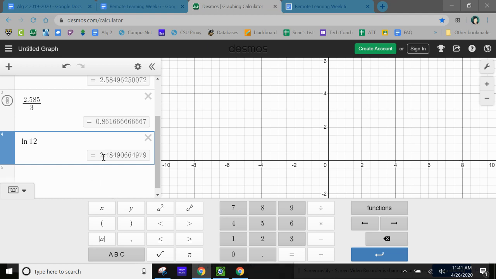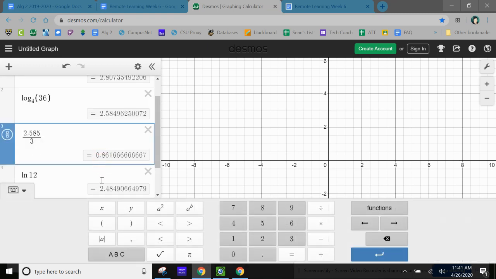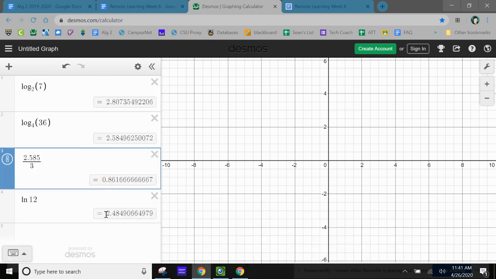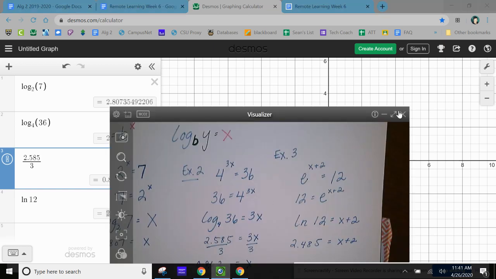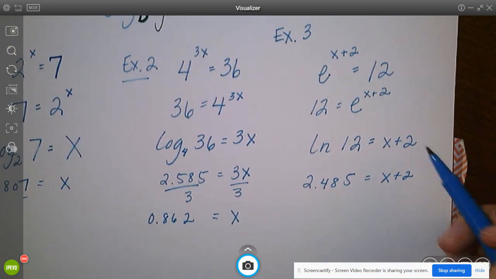So again, I'm rounding to the thousandths. It's 2.48, and if you notice, for this last 4, the number to the right of it is a 9, so it's going to round up. So that's 2.485. Going back to my actual work here, that equals x plus 2.